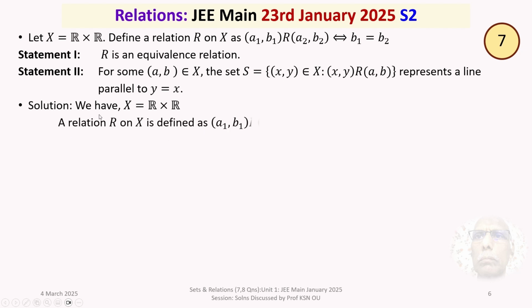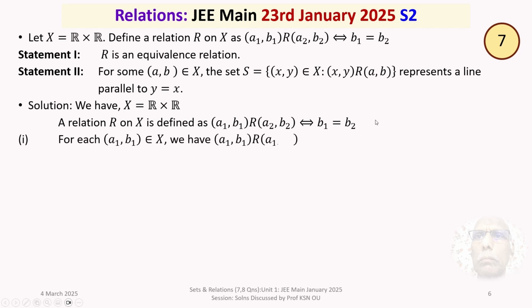And it is given a relation R on X defined as A1, B1 related to A2, B2 if and only if their second components are equal, that is B1 is equal to B2.